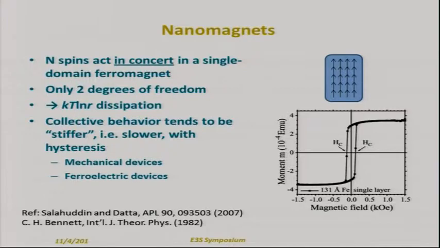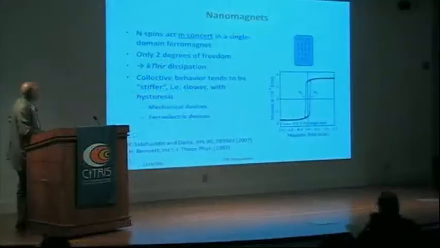Now, an interesting point about the nanomagnet: here is a magnetic hysteresis curve for a nanomagnet, and note the very steep characteristic of the switching. So it's also a very steep threshold device. And that's an interesting parallel to the notion of having very steep switching and low energy dissipation.